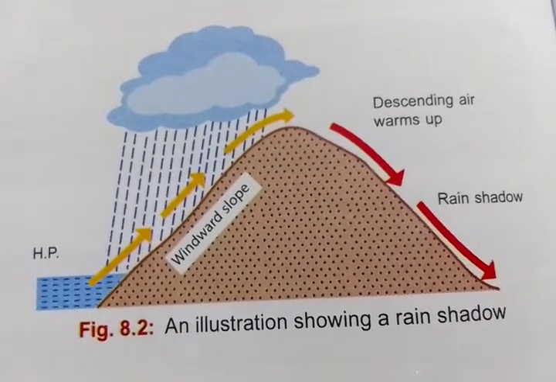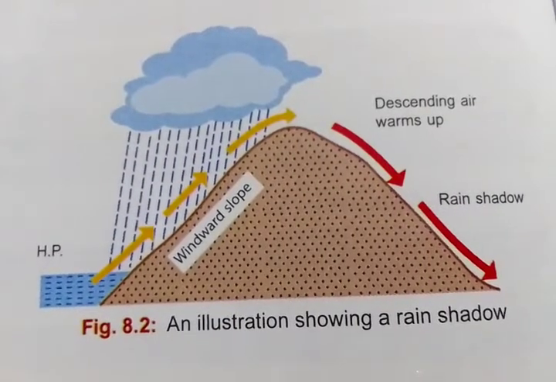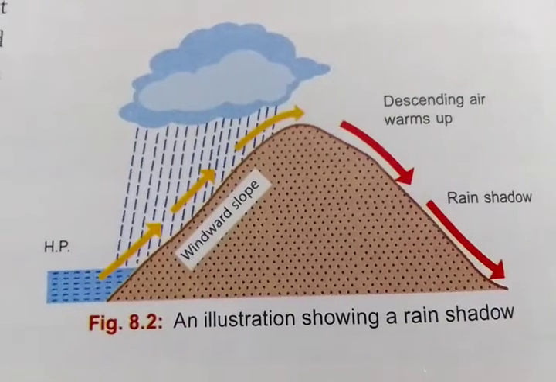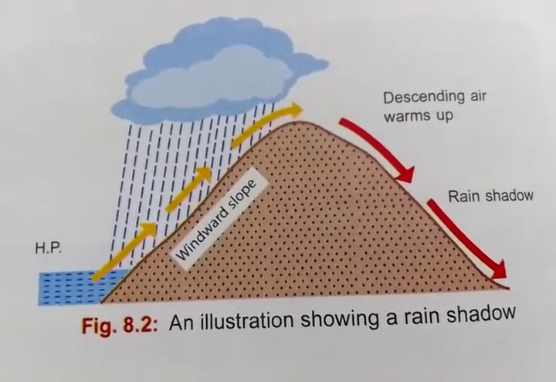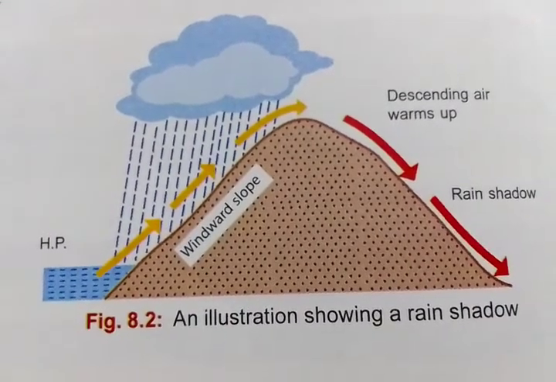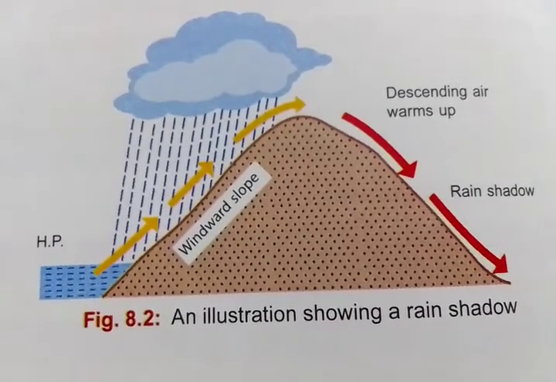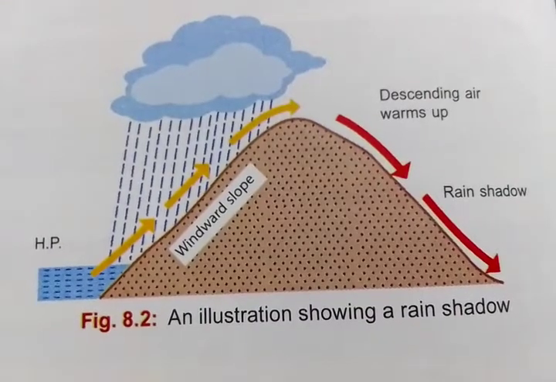You can see in this diagram, windward side and leeward side. The side where the rainfall occurs is the windward side, and just the opposite side is called the leeward side. So, this part, the leeward side, receives very little rainfall.